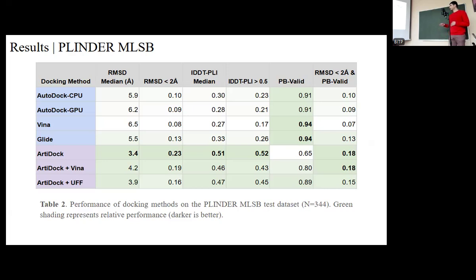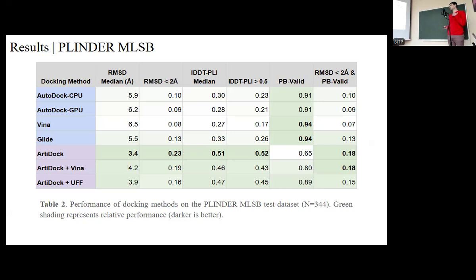And this test subset consists of 344 protein ligand complexes. Instead of original protein structures, we replace them by experimental data from protein conformations unbound from ligand, or we use conformations predicted by machine learning.